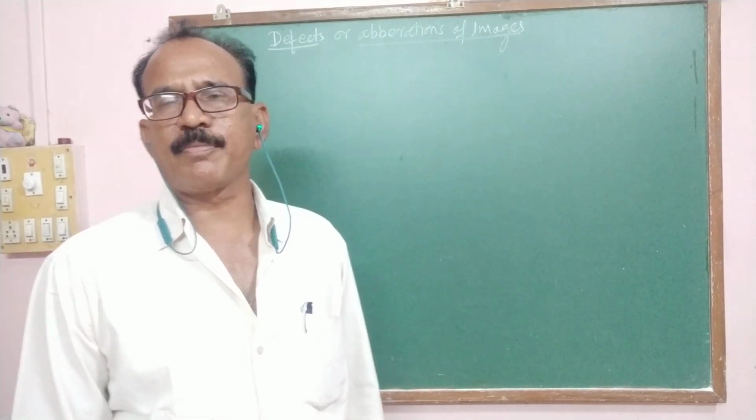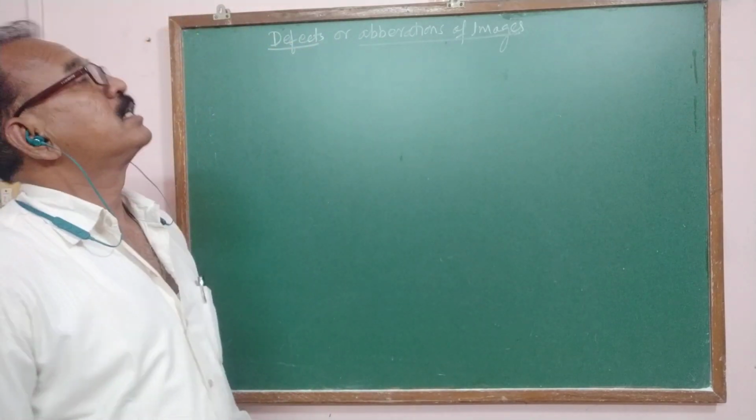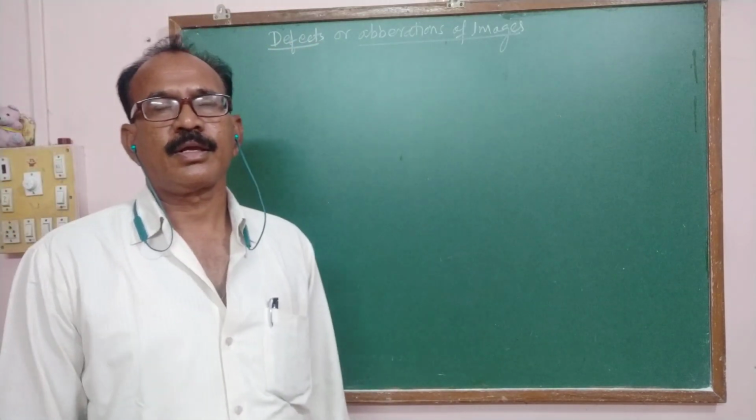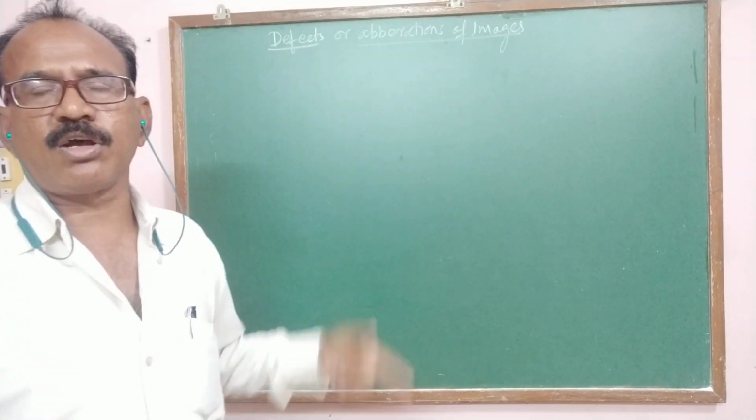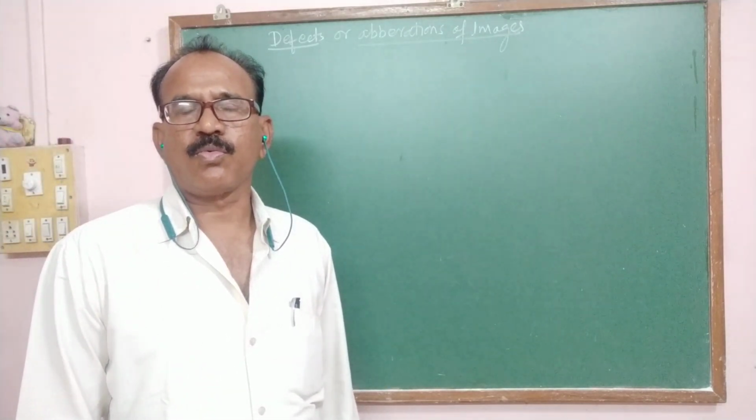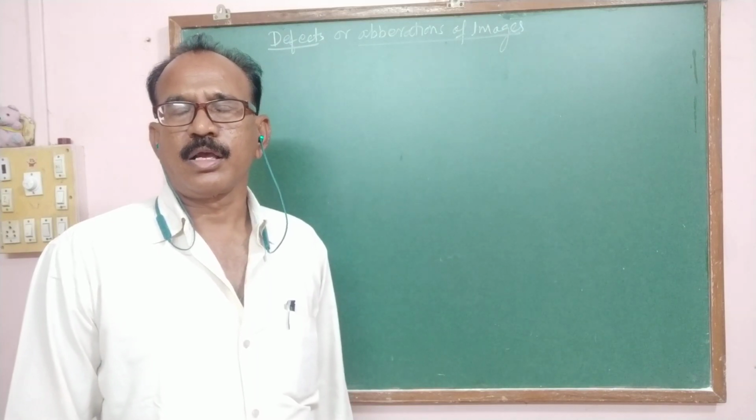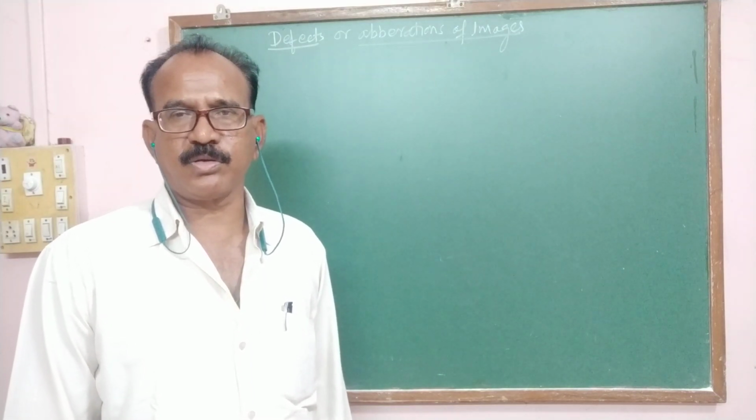And also we have seen a problem: if the pencil is kept horizontal on the principal axis, what is the size of the image of the pencil? That problem also we have seen.